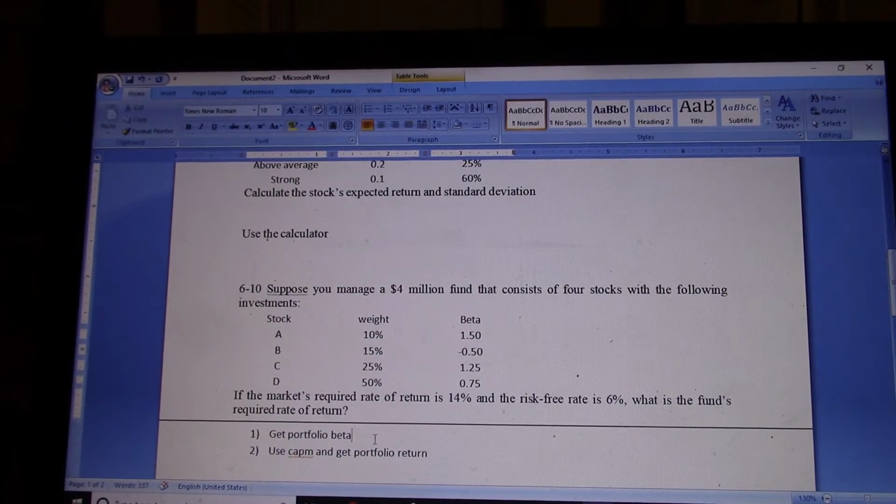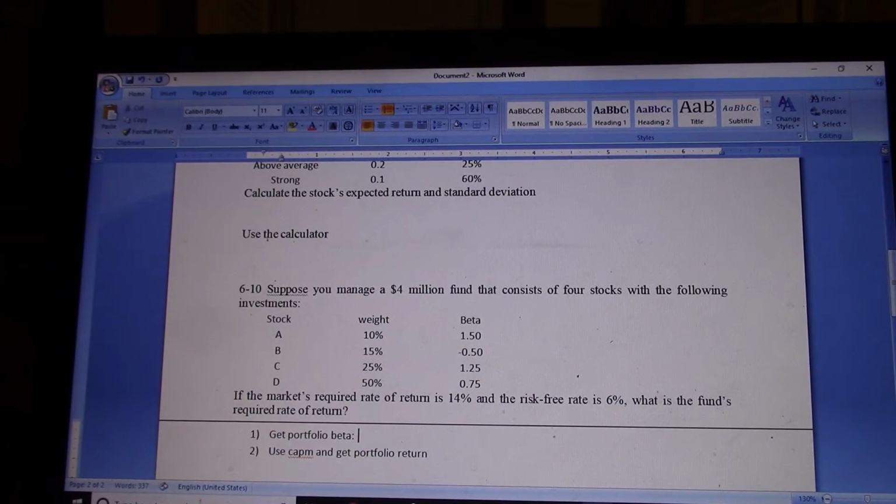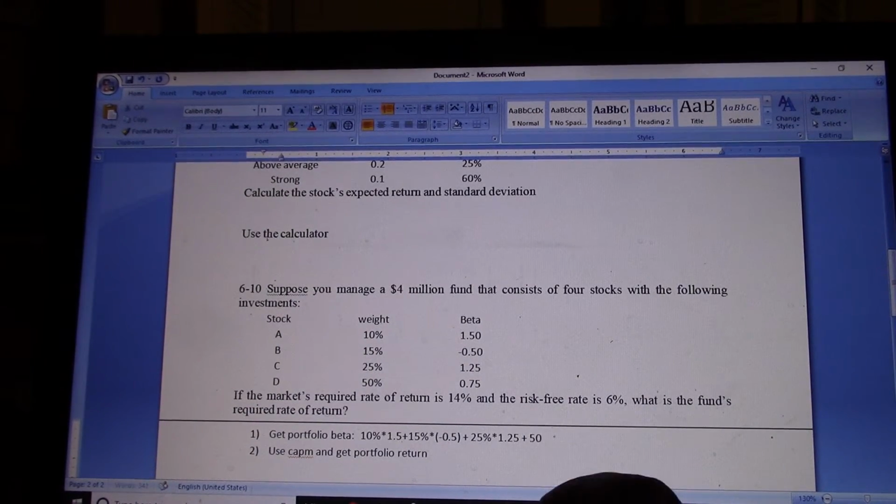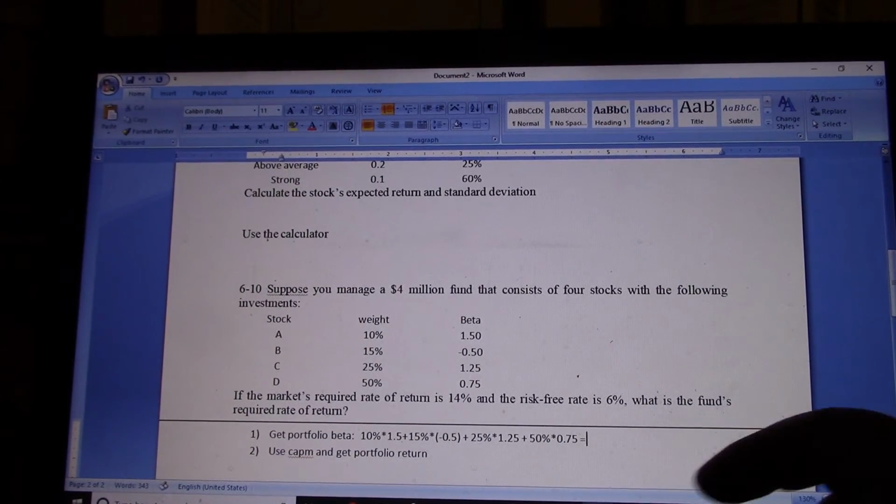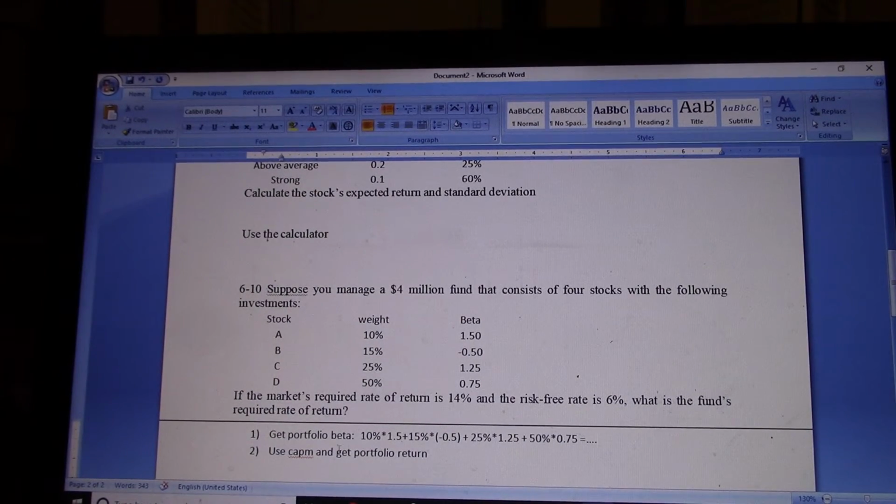And once you got the weights, you should get the weighted average. So it should be 10% times 1.5 plus 15%, and so on. This will give you the portfolio's beta.